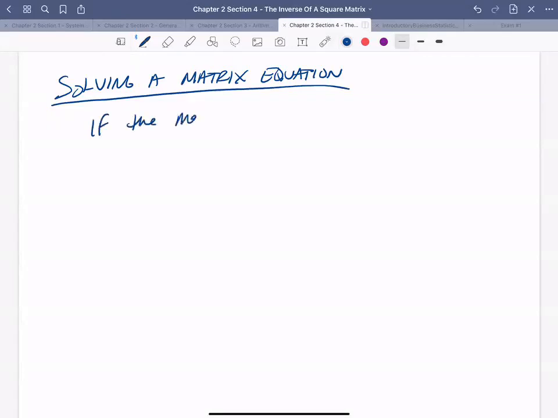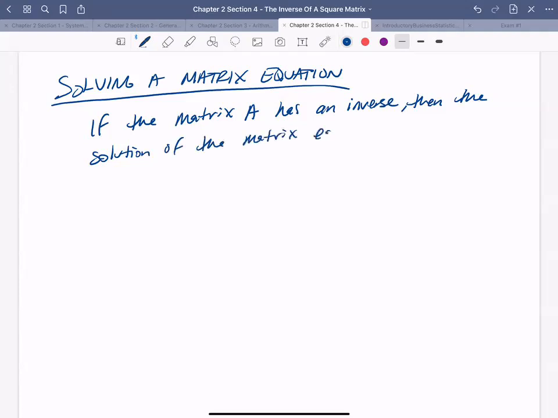If the matrix A has an inverse, then the solution of the matrix equation A times X equal to B is given by X equals the inverse of A times B.